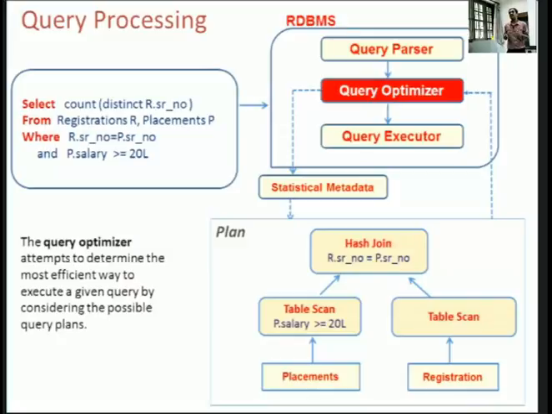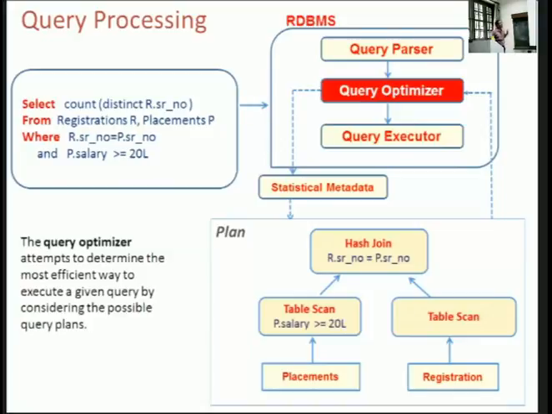But we all are greedy. We want to reach in the shortest time possible, given the traffic we have. So someone has to do the thinking for us. Someone has to plan the path that we take to reach the airport. That is done by the query optimizer, okay?